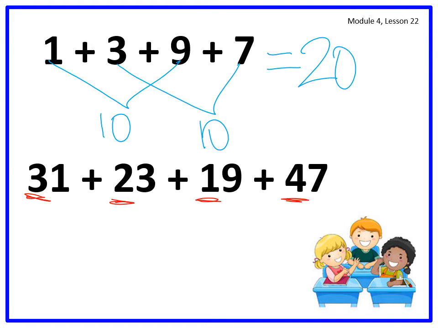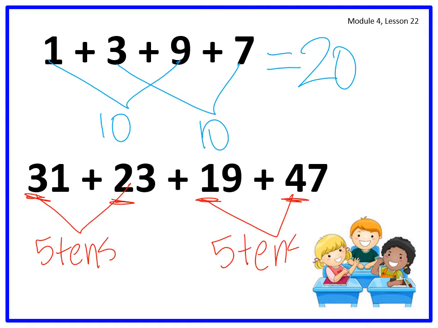When I look at this, immediately I see problems that could make groups of 5 or make 5 tens. 3 plus 2, 30 plus 20 equals 5 tens. 1 plus 4 also equals 5 tens.